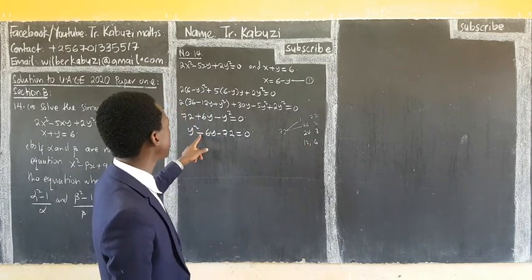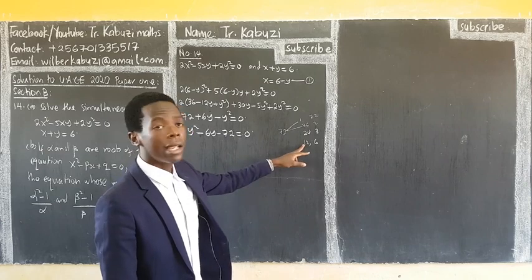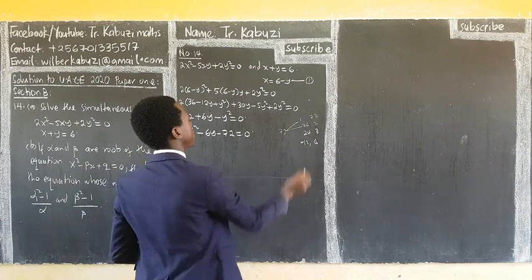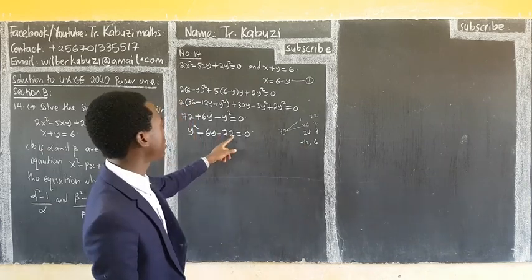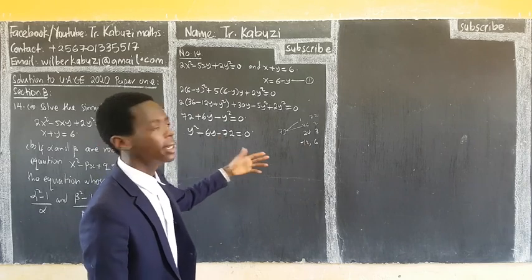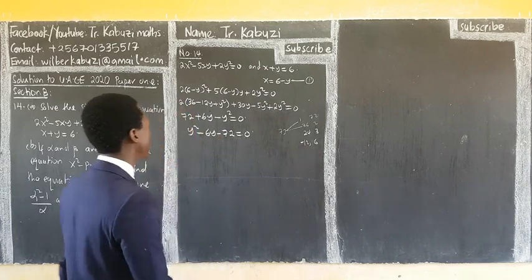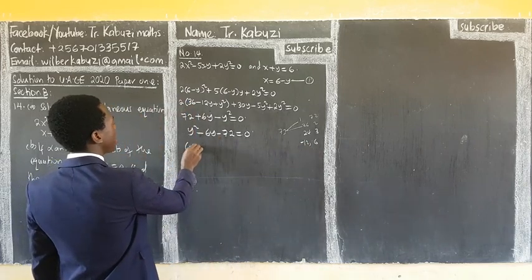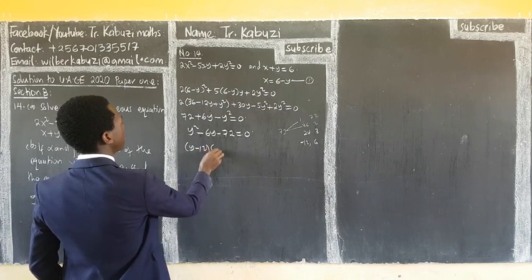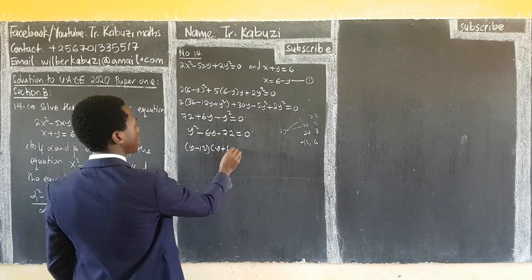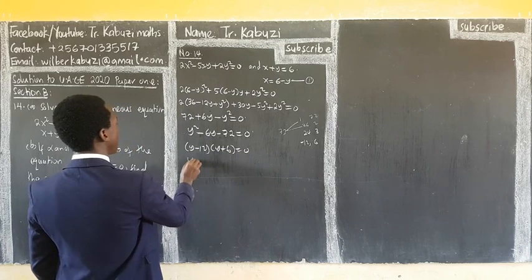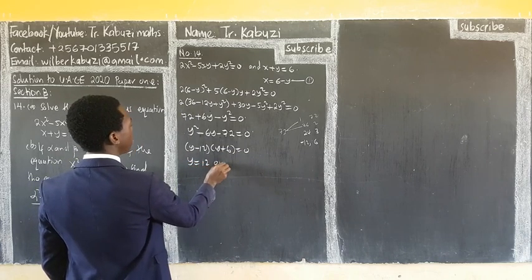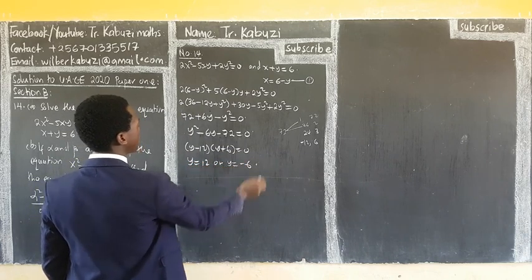Now, if the sum is negative, it means that the big one is the one which is negative. Then, if the product is negative, meaning these two have different signs. So from there, I have this as y minus 12 into y plus 6 equals 0. So either my y is 12 or y is negative 6.